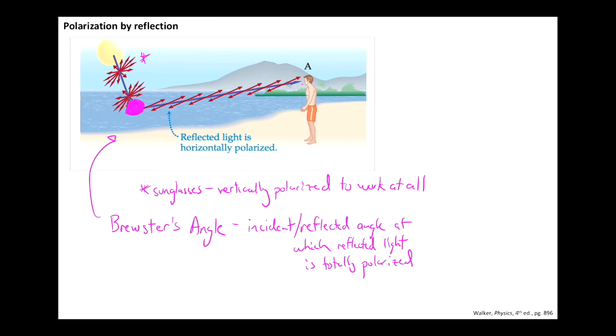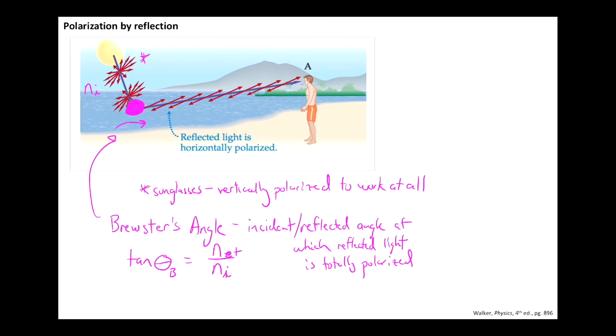Brewster's angle. How do we calculate Brewster's angle? Brewster's angle is theta sub b for Brewster. And we have to put a tangent in front of it. And it's equal to n2 over n1, where maybe it would be better if we call that i and this t. I don't know if that helps. So this would be the index of refraction of the air, and nt would be down in the water.